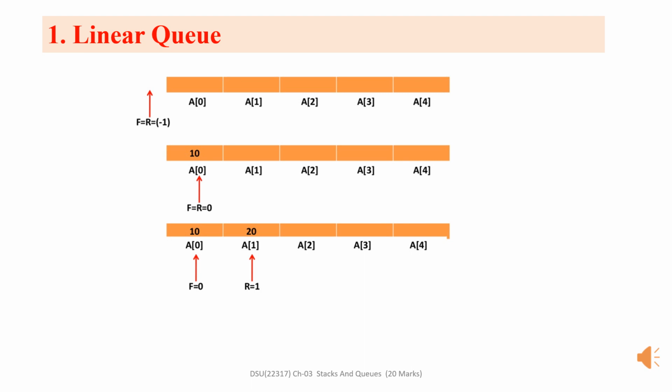This is for insertion, and for deletion, front is increased by 1. After deleting one element, front is increased by 1, and after deleting a second element, front is again increased by 1. So in a linear queue, initially front and rear are equal to -1.